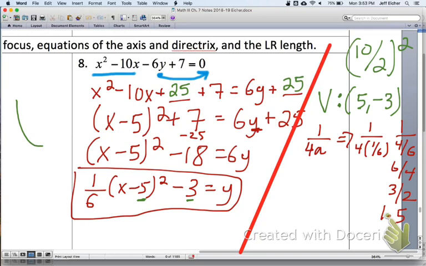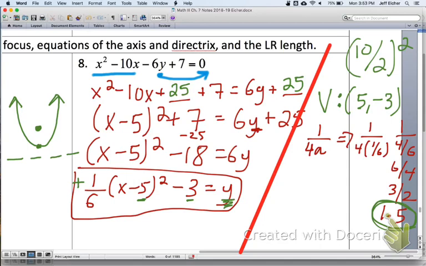It's really helpful for me. I know the parabola is opening up. It's a y equals, it's a regular old parabola. And it's a positive a value, so it's opening up. So the focus is above the vertex. The directrix is below the vertex. So we need to go 1.5 above the vertex.